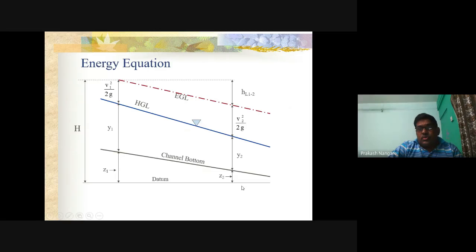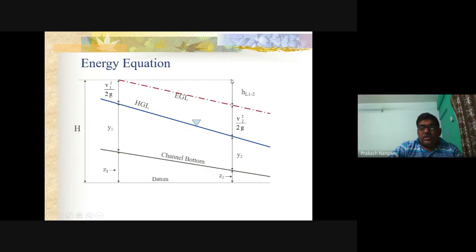At section 2, you have to observe the changes: the datum head is changed, the depth of the flow is changed, and the velocity head is also changed. This red line indicates the total energy line, and the difference between the two sections is observed in terms of the hydraulic loss.